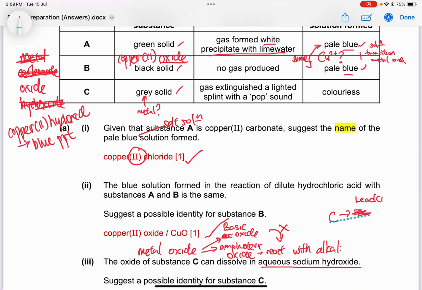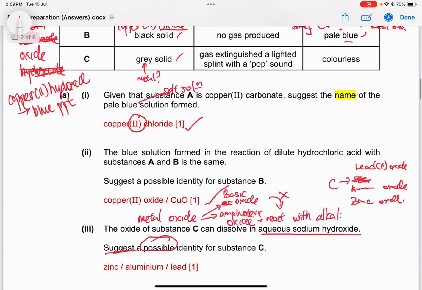So it's either lead 2 oxide, L, which stands for lead, or it could be aluminium oxide, or the last one, zinc oxide. So it's one of these three, and that's why they ask you to suggest a possible identity. Hence your final answer will be either zinc, aluminium, or lead because of the idea of the amphoteric oxide. Okay, that's how you go about doing part 3.